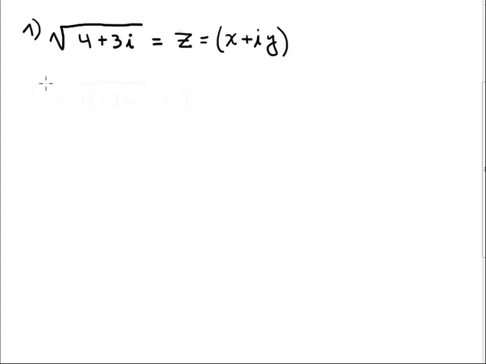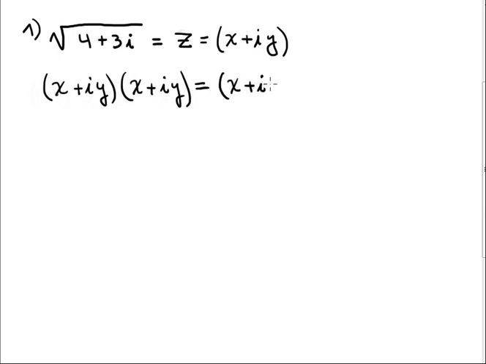The question is, when you multiply this complex number times itself, (x plus iy) squared should be equal to 4 plus 3i. This is the definition of the square root. A number you multiply by itself gives the number inside the radical.